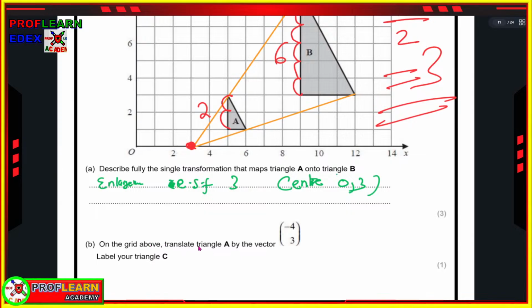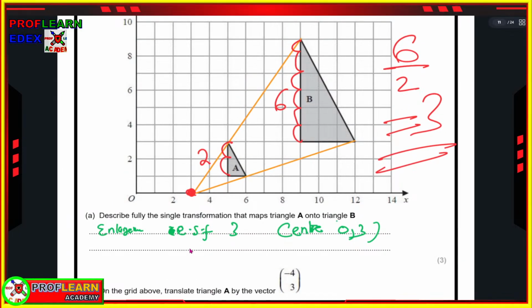On the grid, translate A by the vector. So A has the coordinates: this coordinate here is 5, 1. This one here is 6, 1.